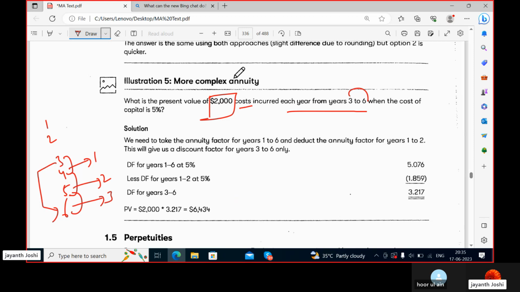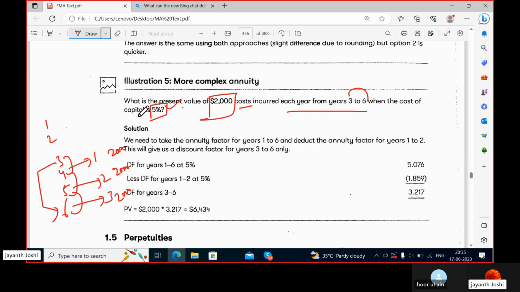In these 3 years, the cost you incurred every year was $2,000, $2,000, $2,000. And the cost of capital, that means the discount factor, is 5%.